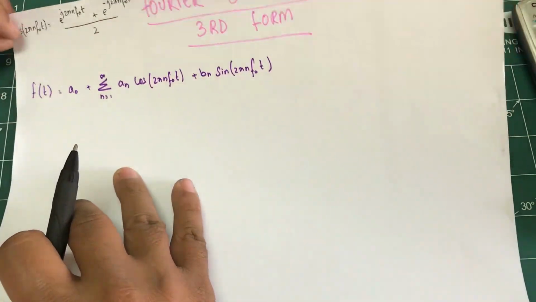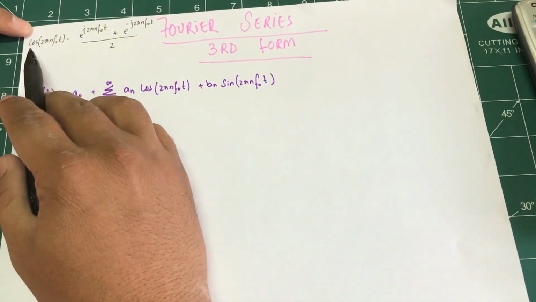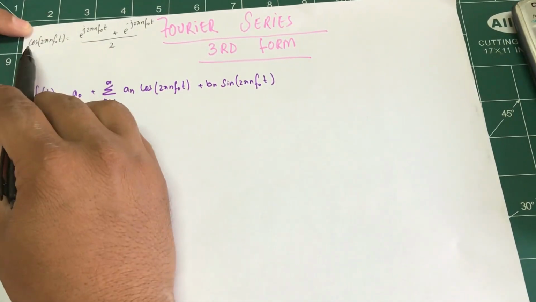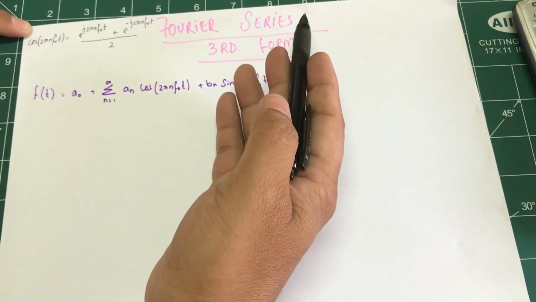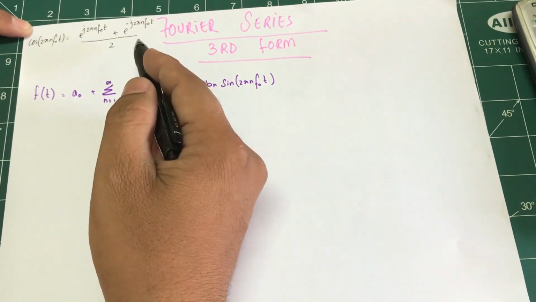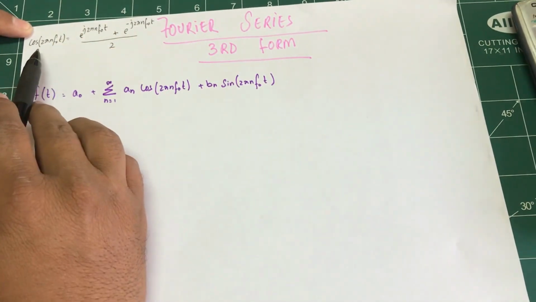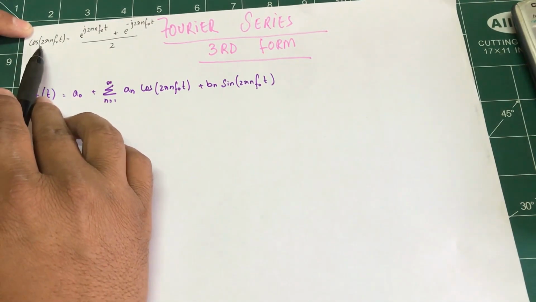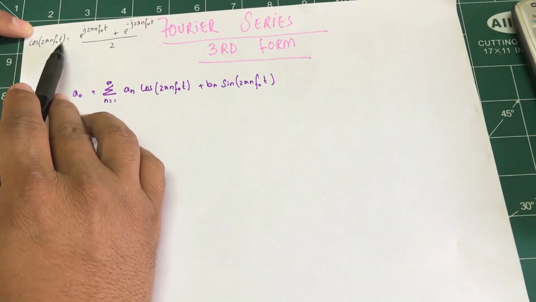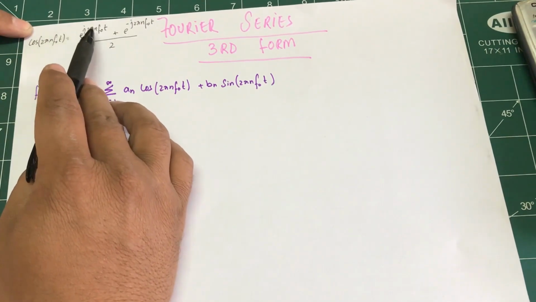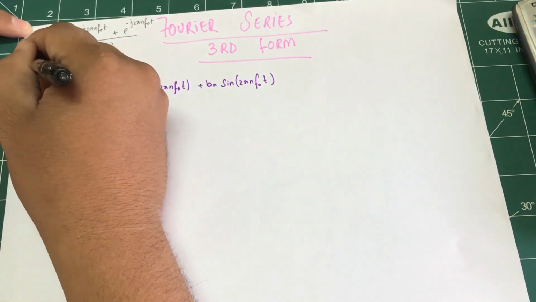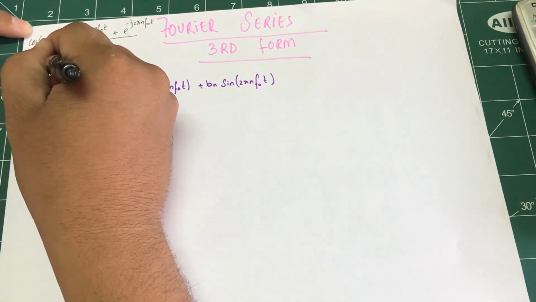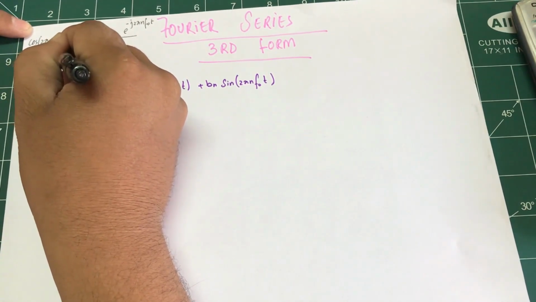So the first identity we're going to use shows cos: cos is e to the j theta plus e to the negative j theta, divided by 2. The argument inside cos was actually 2 pi n f0t, so we simply brought that argument into the e to the j. Same thing for sine, with 2 pi n f0t.